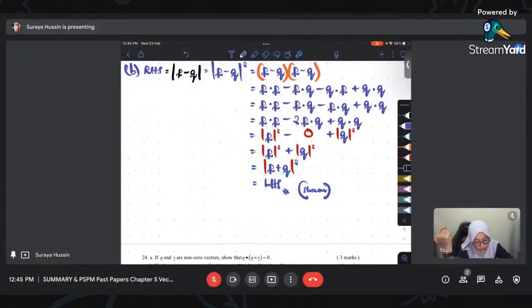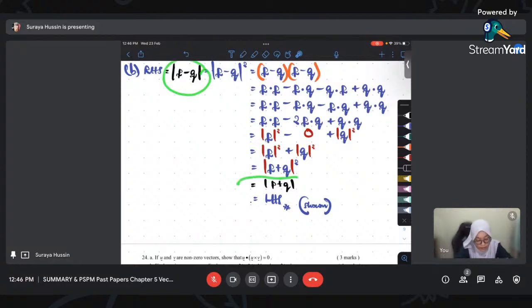Cumanya ini bukan left hand side. My mistake, everybody. This is not left hand side. And I can equal it to P plus Q and then its left hand side shown. Ini akan bersama dengan yang ini.